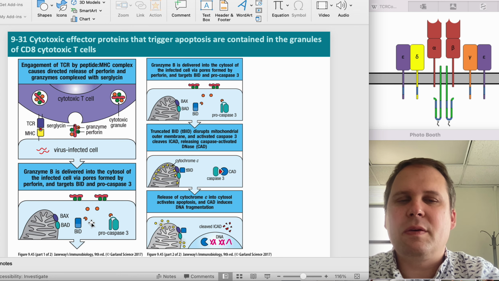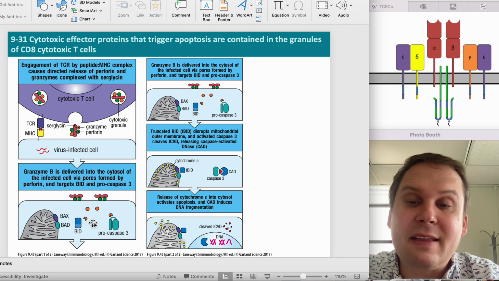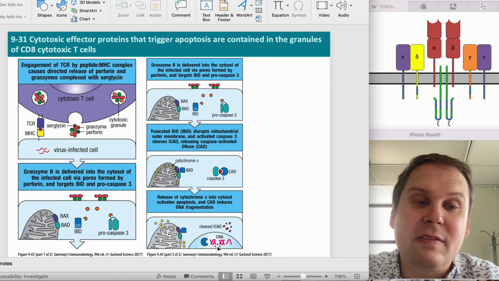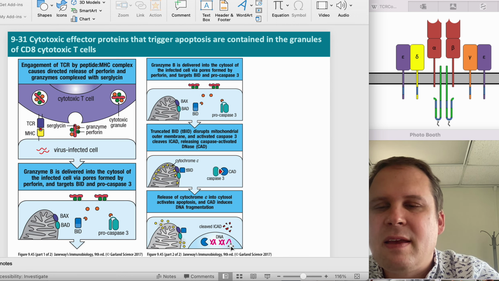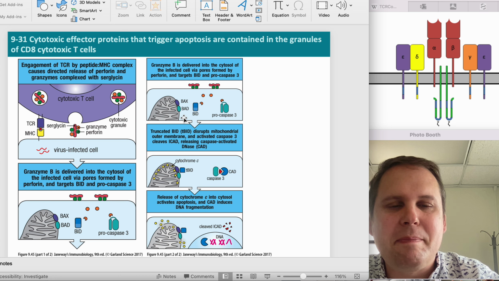And so once those granzymes, those proteases come in, they can then activate procaspase 3 into caspase 3. And caspase 3 can cut the little red inhibitory domain out of CAD. And then once that's done, CAD can go in and just start destroying DNA. That's the idea. They can also activate BID, which is going to interact with BAD and BAX, BID, BAX, BAD.